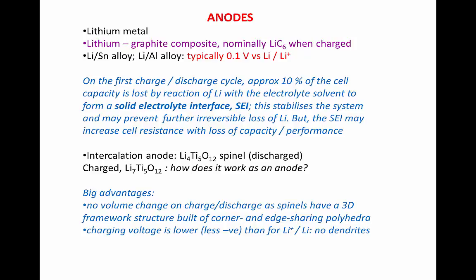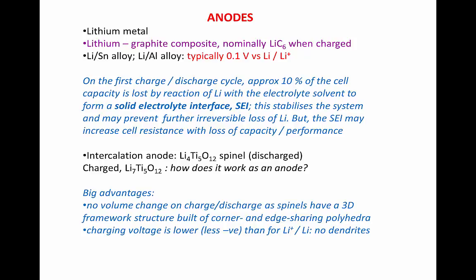One of the big features of lithium, though, is that when you assemble a lithium battery, during the first charge-discharge cycle, there is a chemical reaction between lithium and the organic solvent in the electrolyte. Now, this could be a major problem.